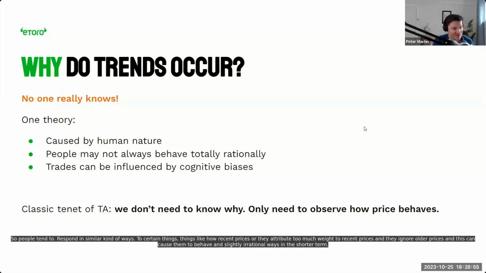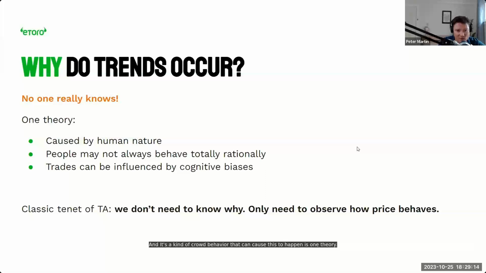People tend to respond in similar ways to certain things, like recent prices. They attribute too much weight to recent prices and ignore older prices, and this can cause them to behave in slightly irrational ways in the shorter term. It's a kind of crowd behavior that can cause this to happen, is one theory.